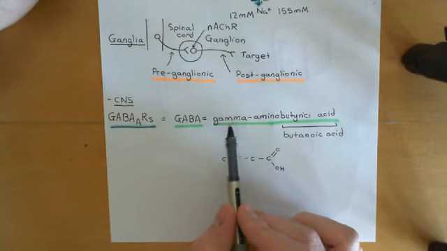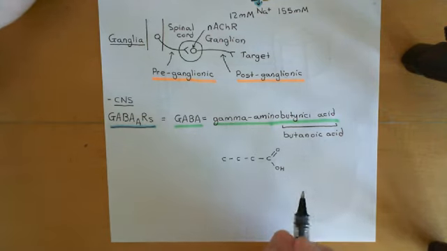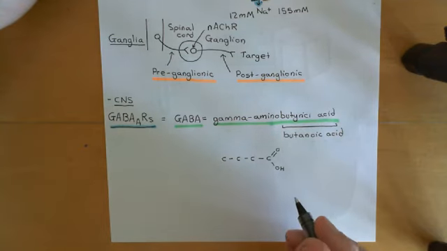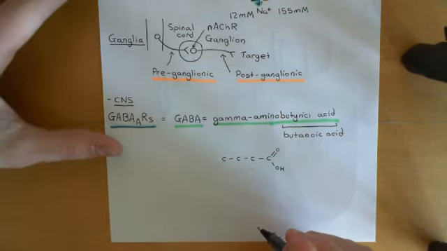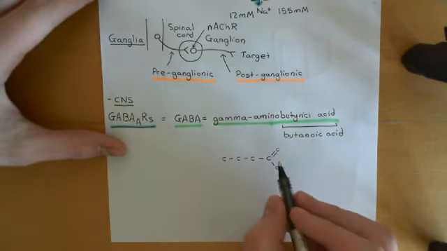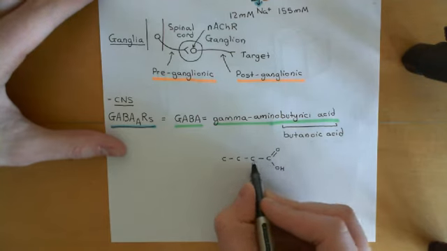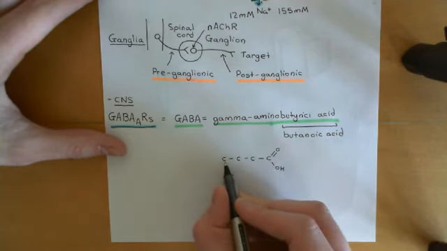Well, it's the gamma carbon. What does gamma carbon mean? Well, this is the old way of naming the carbons within a carboxylic acid molecule. The new way of naming carbons in a carboxylic acid molecule is just to call this one number 1, this one number 2, this one number 3, and this one number 4.